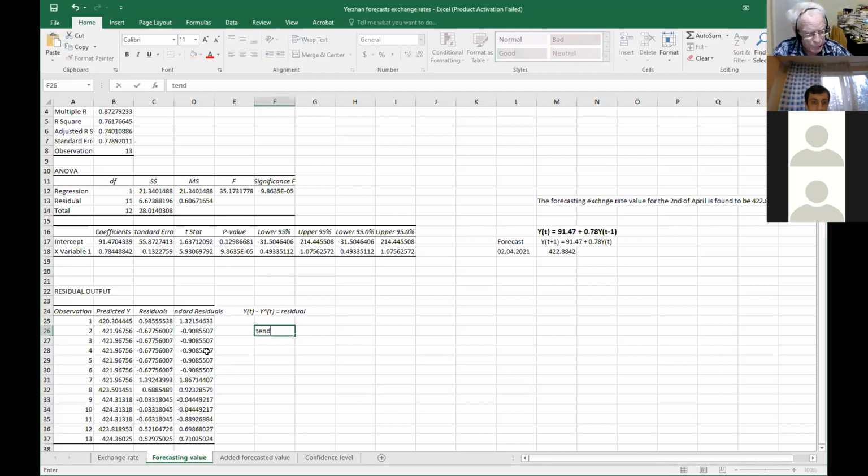So there is a tendency in this model to under-predict. Maybe we need to add another independent variable that would explain why the model is under-predicting.